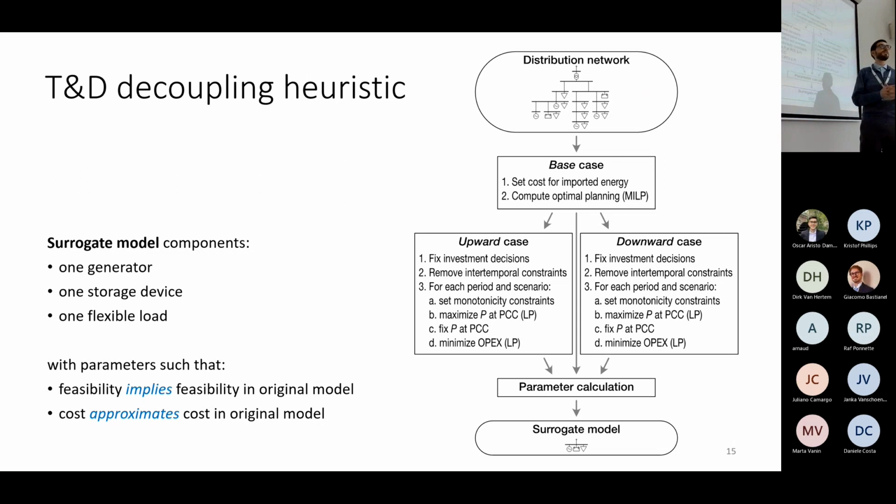This is to have guarantees that in step 2, when the transmission network is optimized, the solution recovered is feasible. Costs, however, are an approximation of the cost that would be given by the detailed model. What is preserved are cost variations between different set points.